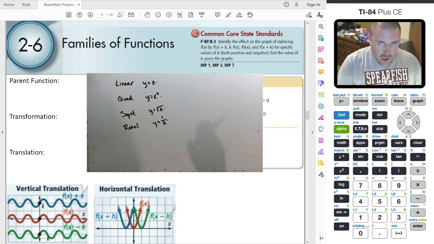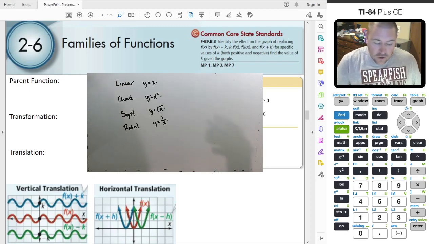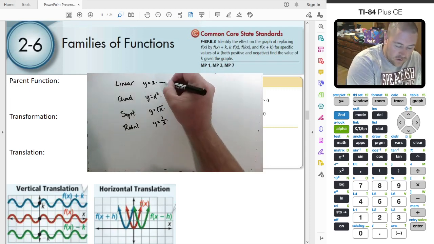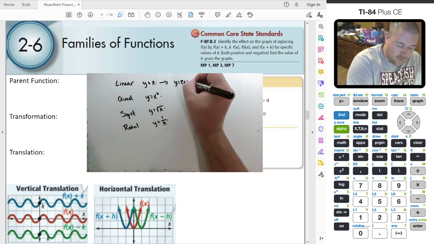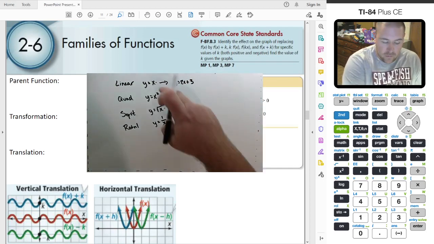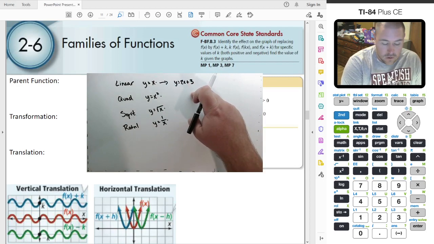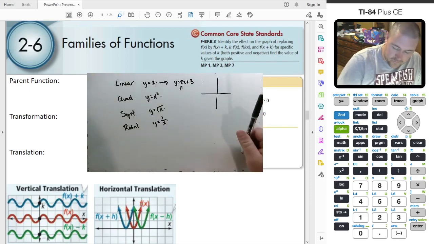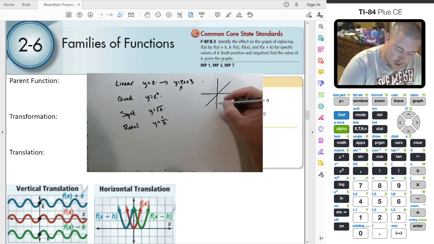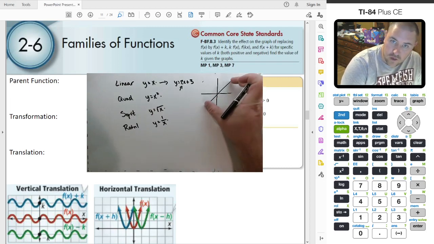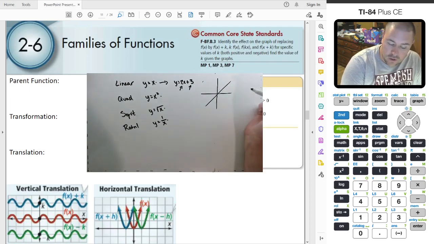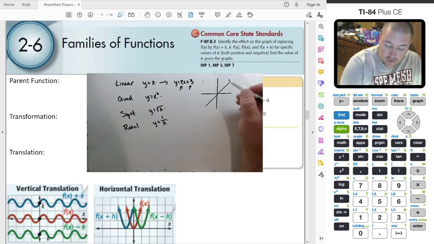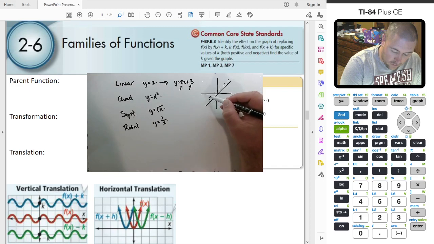A transformation is what this is all about. I transform this by saying y equals 2x plus 3. Now the parent has been transformed. I had a vertical stretch by a factor of 2. My graph for this thing used to look like this. Now I took this whole thing and I moved it up. Here's my vertical translation, up 3. So every part on here goes up 3, the whole thing.